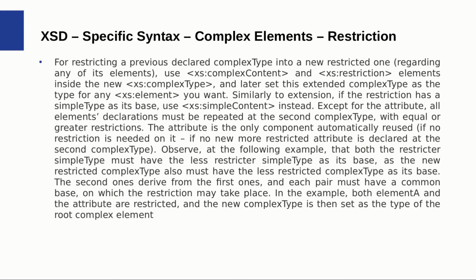And another thing is that although I've put these two elements, the extension element as well as the restriction element, at this complex type subsection, both are also usable for extending or restricting simple types and not only complex types.